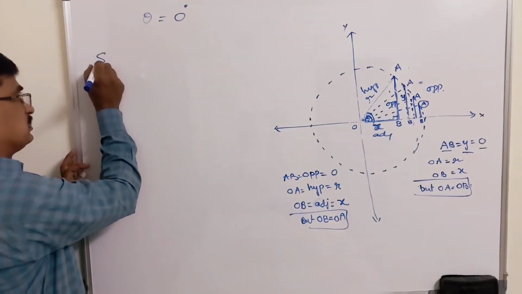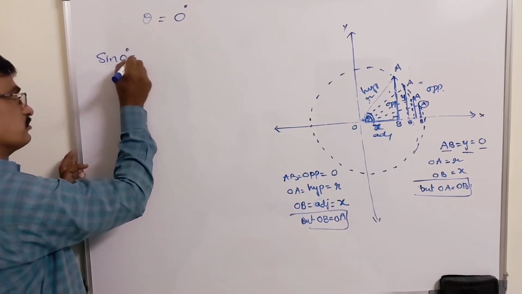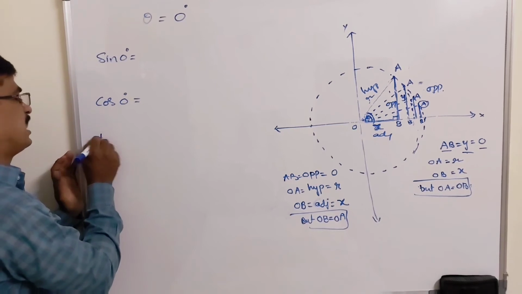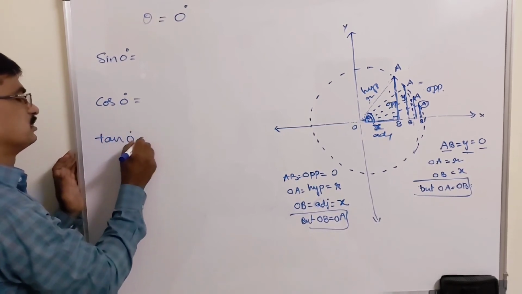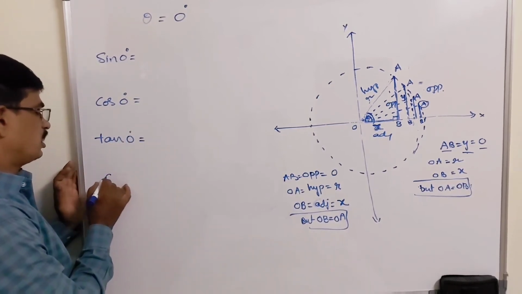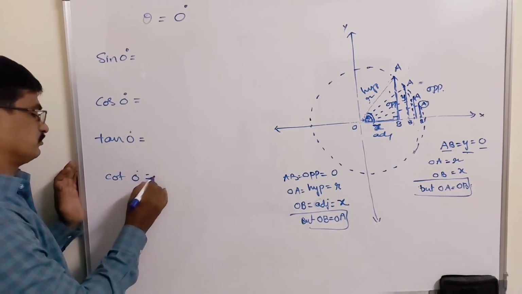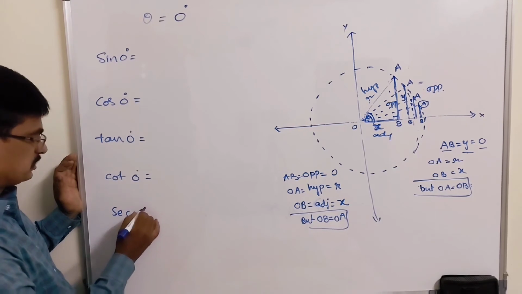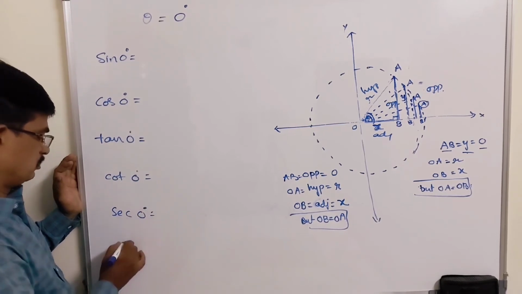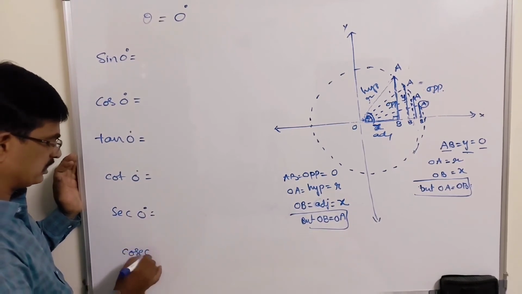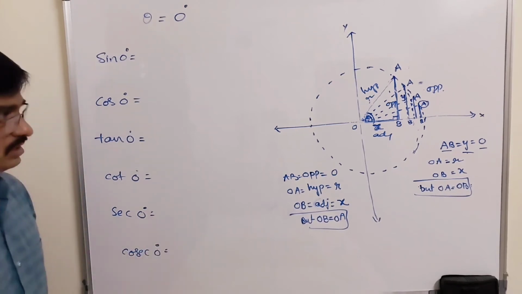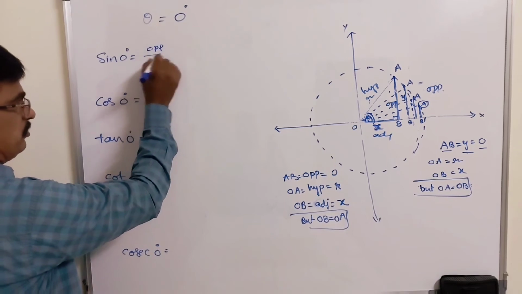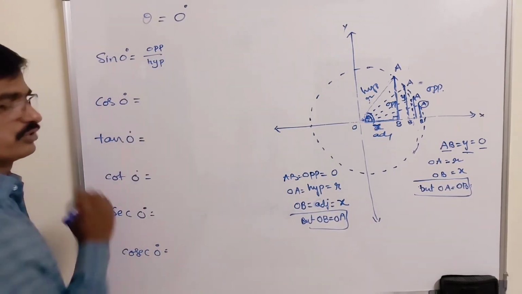See here, sine 0 degrees, cos 0 degrees, tan 0 degrees, cot 0 degrees, secant 0 degrees, cosecant 0 degrees. Okay, listen carefully. So sine 0 is equal to, from the definition, opposite side by hypotenuse.